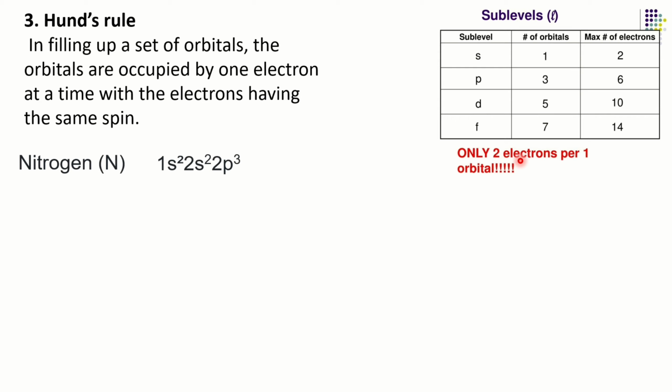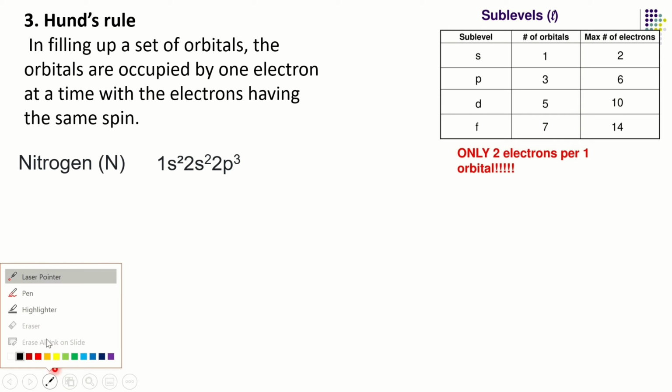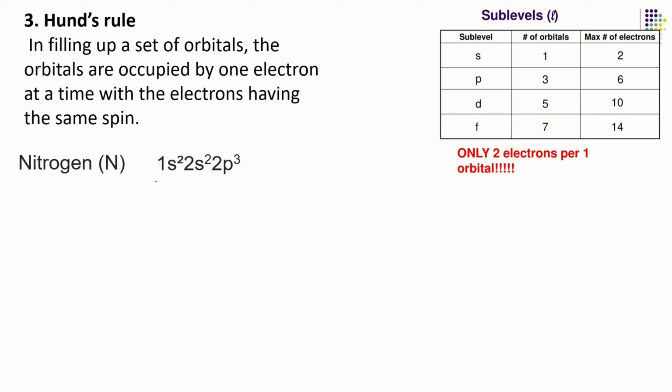Now, let's draw the orbitals. For the first energy level, the sublevel is s, and the number of electrons is 2. Now, in the s sublevel, how many orbitals are there? We have 1. Okay, very good. So, let's draw 1 box.